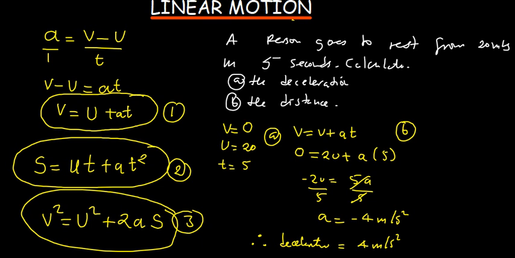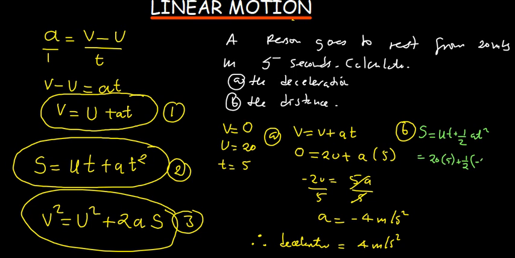Okay. So distance is equal to initial velocity times time plus half at squared. So we're going to say u, that is the initial speed. We can see u is 20, and then time is 5, plus half a, that's the acceleration. We have found what? Negative 4.